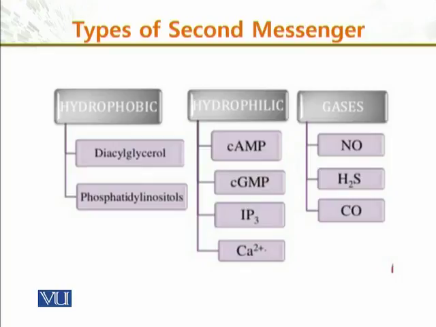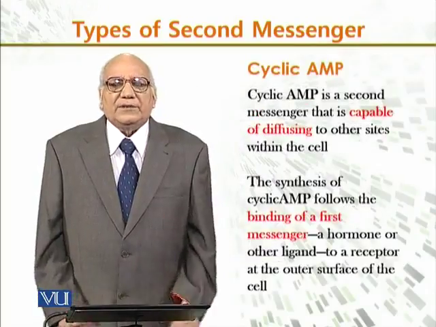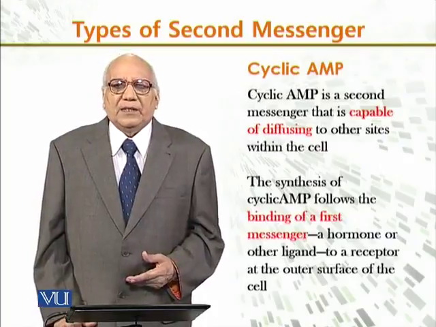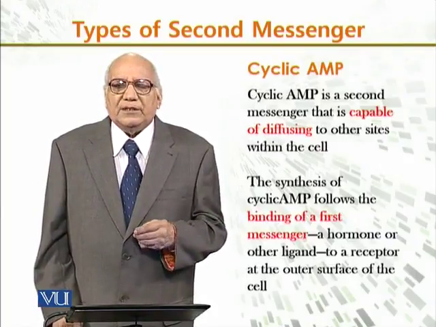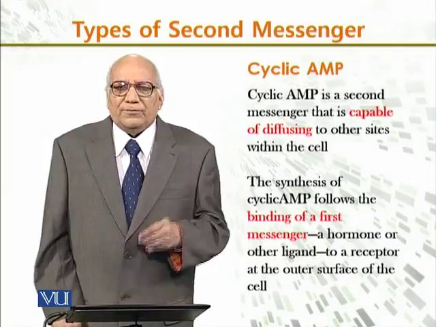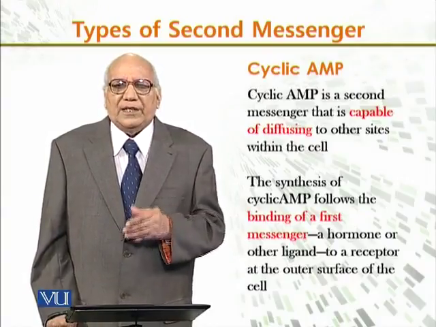The gases are also important molecules as second messengers: nitric oxide, H2S, carbon monoxide, and so on. Now, the important one is cyclic AMP, and it is the second messenger that is capable of diffusing to other sites within the cell.